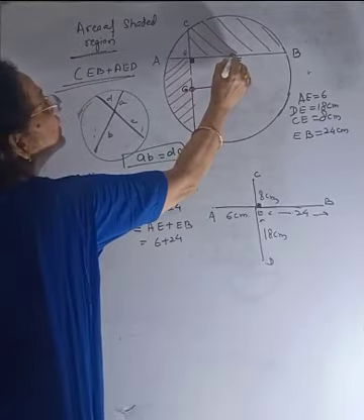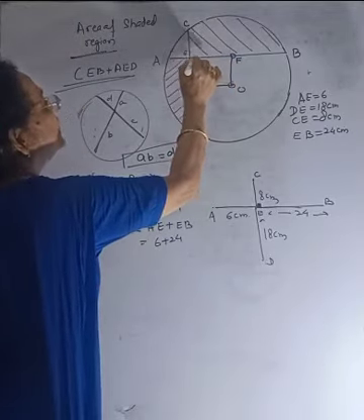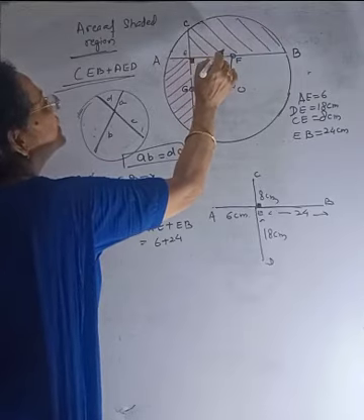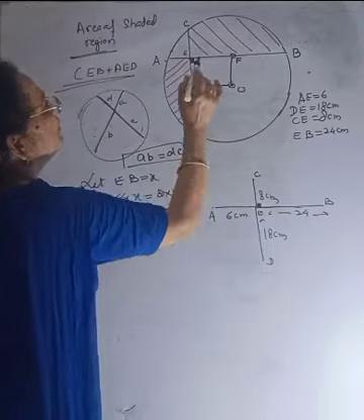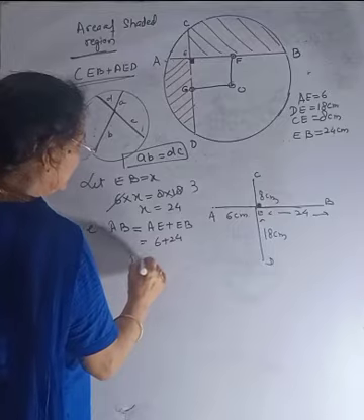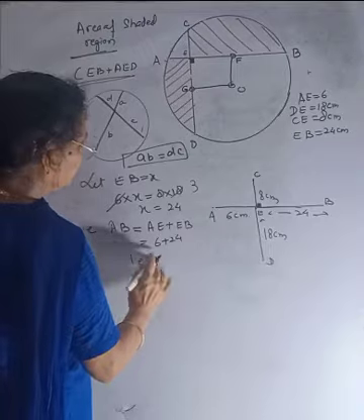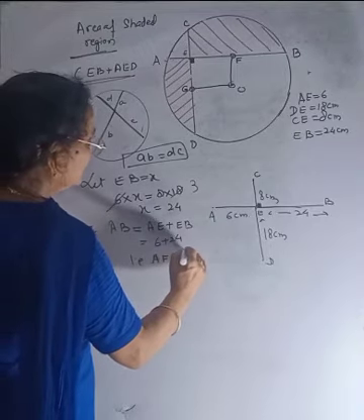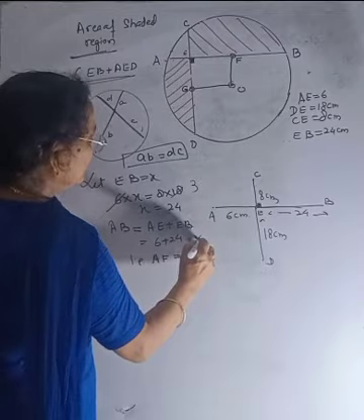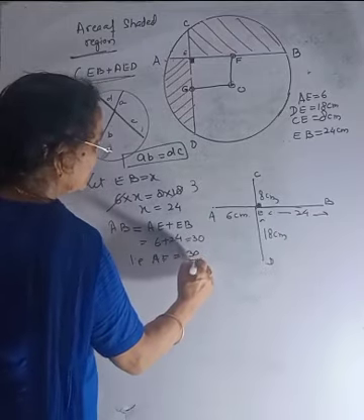It means this AF will be exact, AF will be equal to 30 by 2, that is 15.